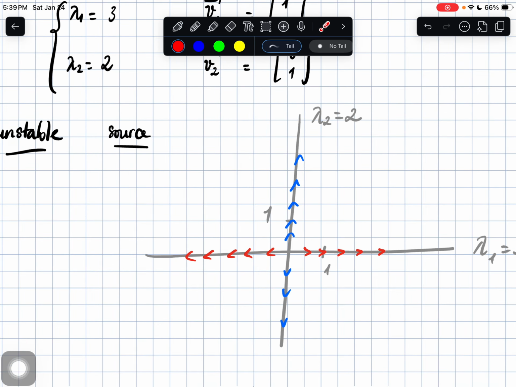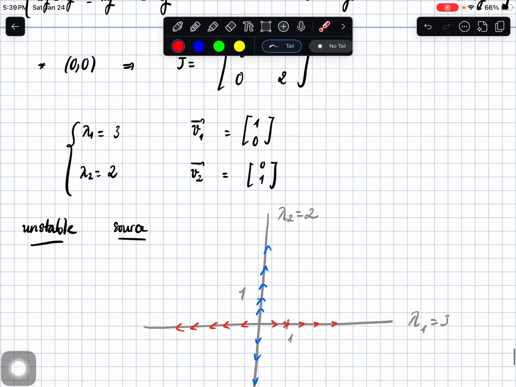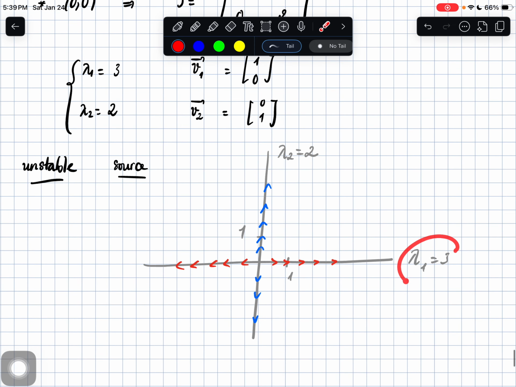Now when t tends to infinity, that one will influence more, and that will be parallel to that when t is big, and when t is small it follows the blue.